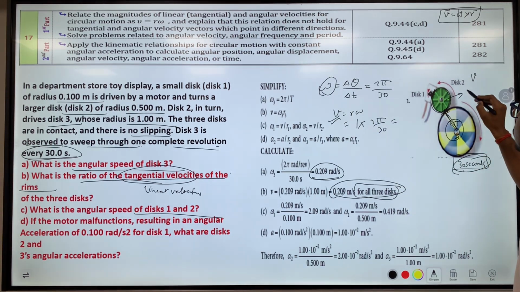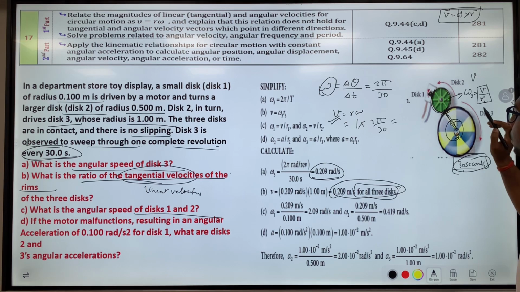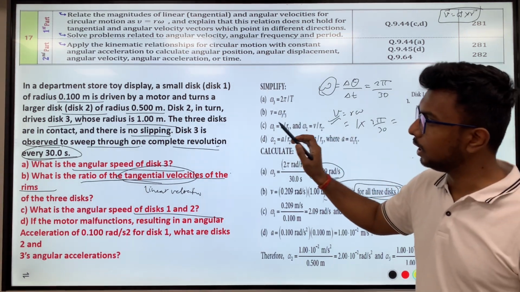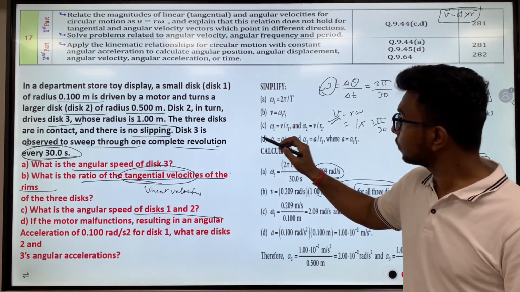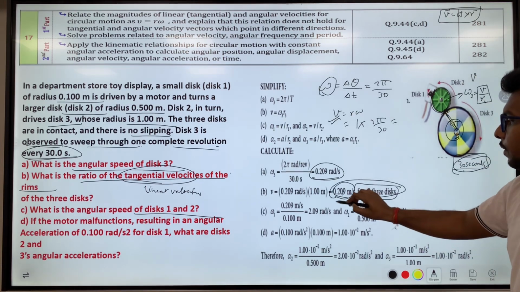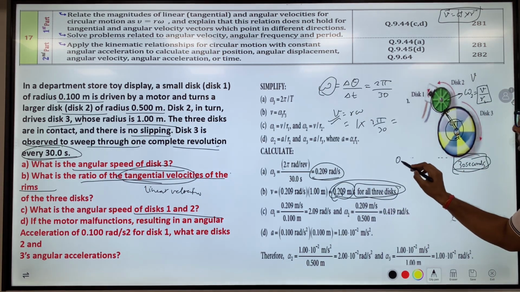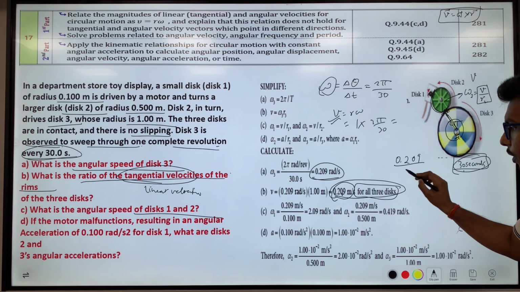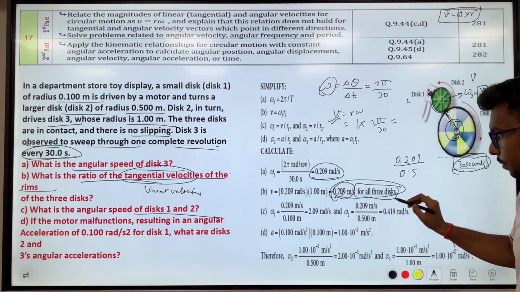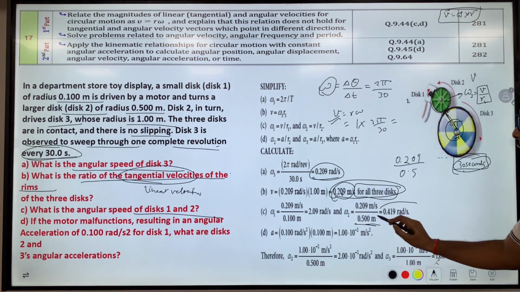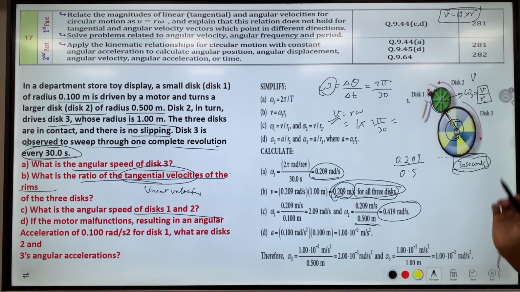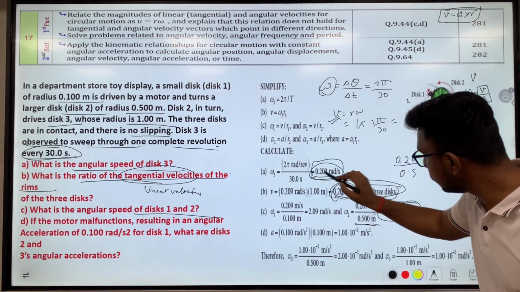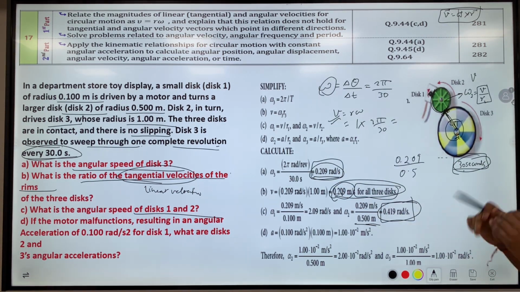So for this one, omega will be v over R2, whatever is the velocity over radius. The velocity we have calculated in the previous part, 0.209, over radius 0.5. So you will get the angular speed, and you can see that the angular speed here and the angular speed here are double, kind of.